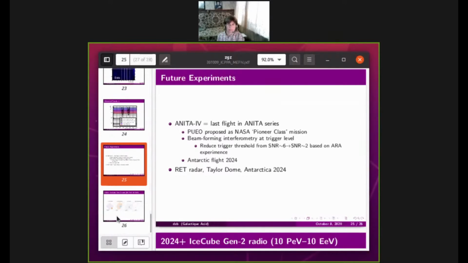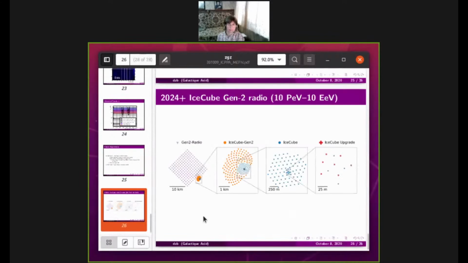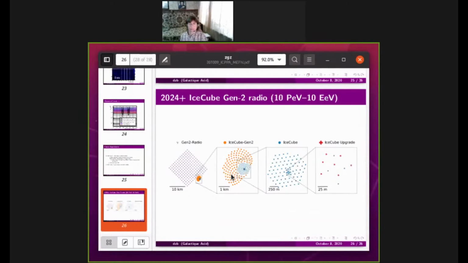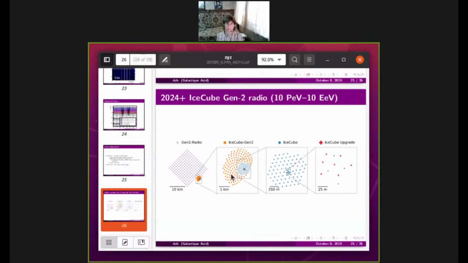All right, and I'll just close with one final slide. So where is everything going in the future? Well, there's basically one future direction, and that's the IceCube Gen 2 experiment. The IceCube Gen 2 experiment is a successor. Dimitri mentioned this.